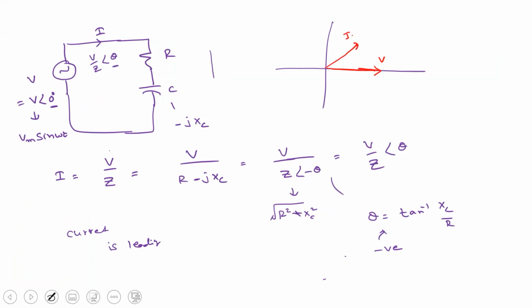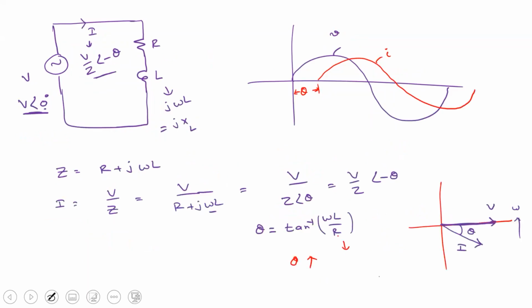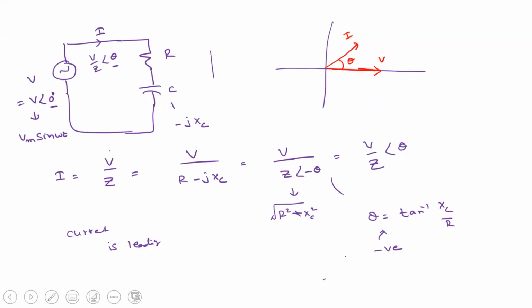So this is I, and this value is theta, and this is the direction of rotation of the plane. Clear?